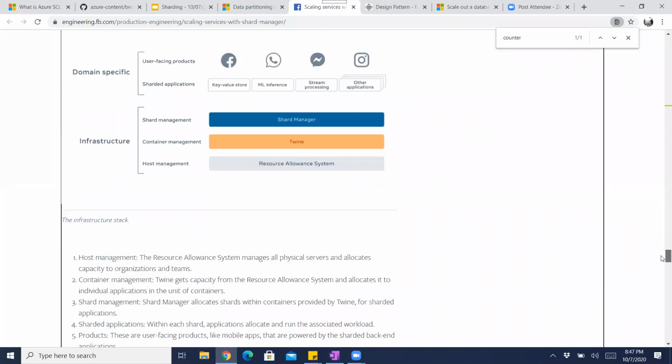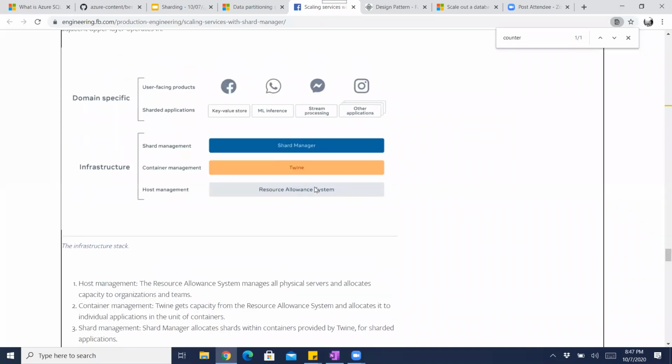So that's supported in this architecture. Now coming to this one, they talk about how they are looking at it in a layered approach. So these are the different applications that can be supported within Facebook, and how the shard manager takes care of it. The names are pretty intuitive here.